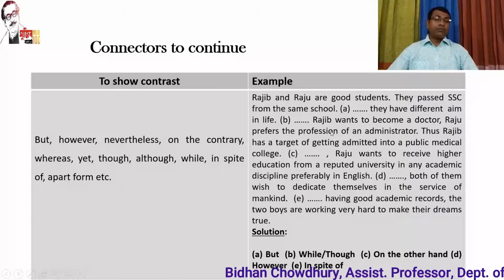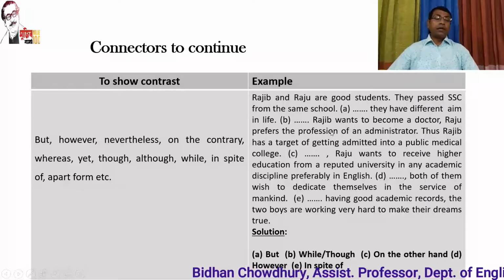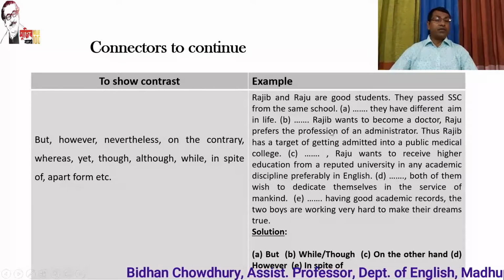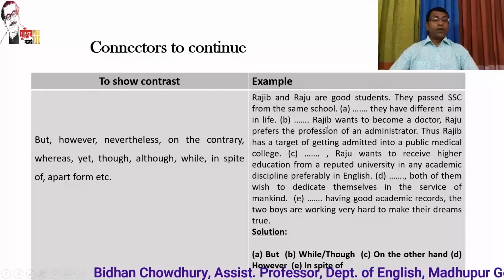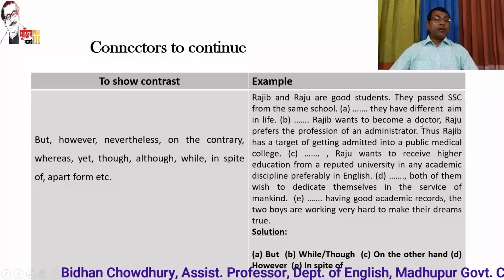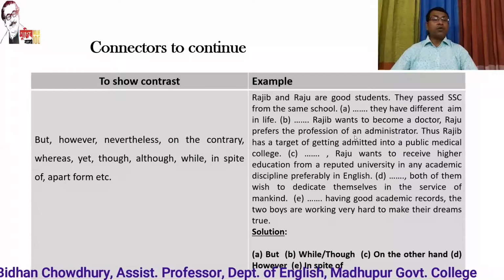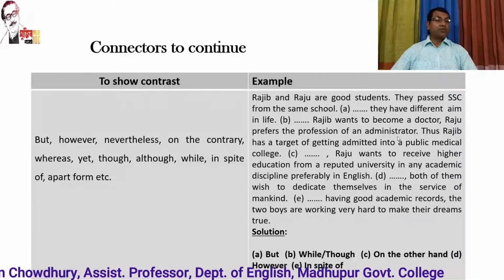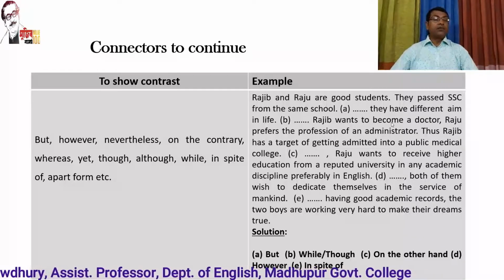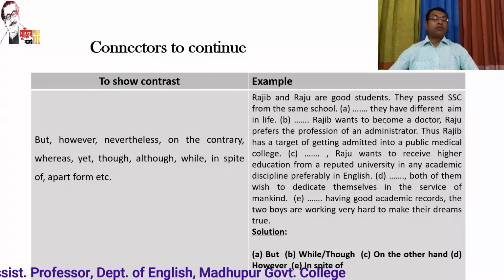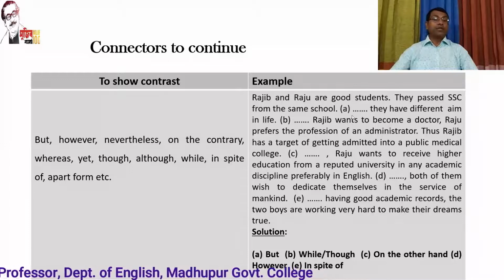Now go on. Again, in number B, we have a gap at the very beginning of a sentence. Rajiv wants to become a doctor. Raju prefers the profession of an administrator. Again, there is a contrast in the aim of two friends.